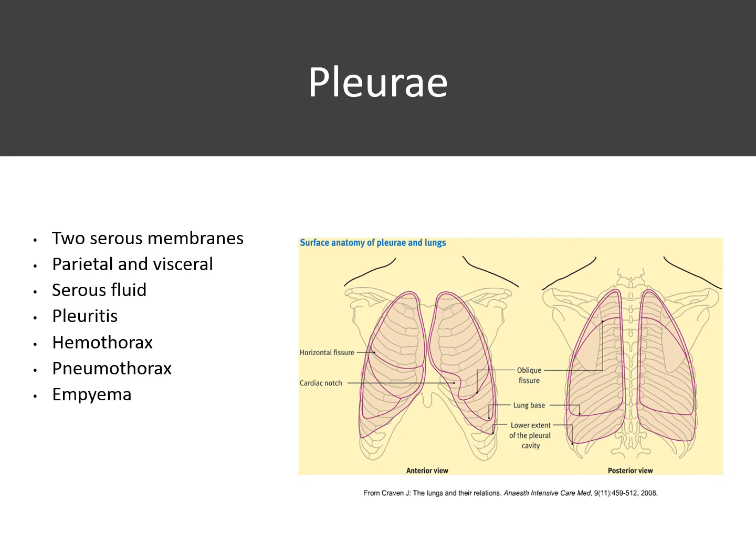There are several different pathologies listed below that can affect the pleural integrity. The first is pleuritis, and as you know from medical terminology, anything with the itis suffix is inflammation. This can present with pleural chest pain and abnormal pleural friction rub on auscultation.